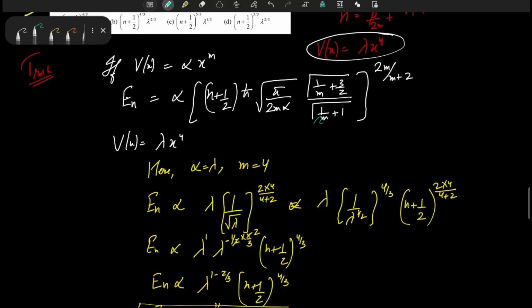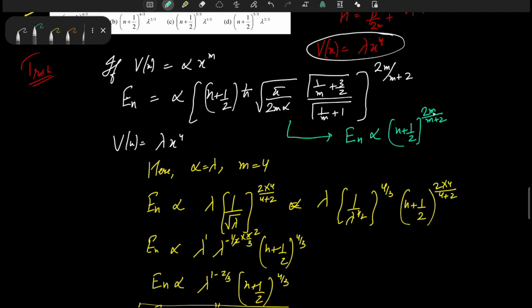So you can also write in this way. You can extract the value of alpha from here and n plus half here, and you will get another shortcut. If they ask only the proportionality on the quantum number n plus half or n and alpha, then you can use this formula only.